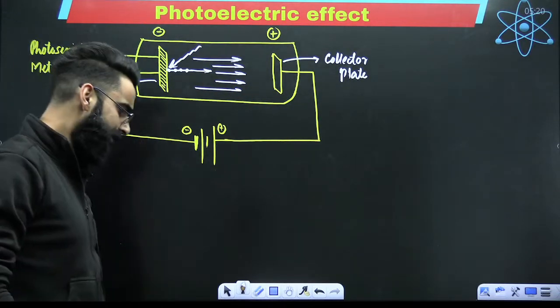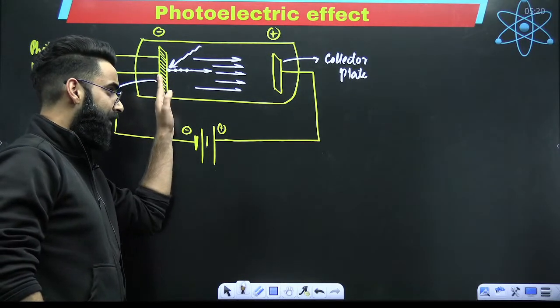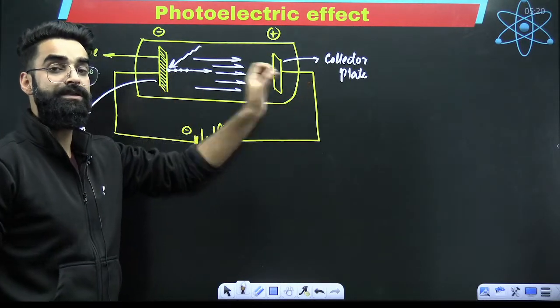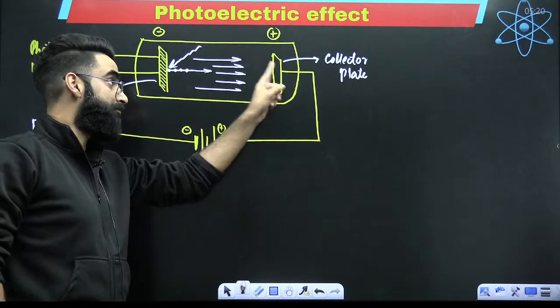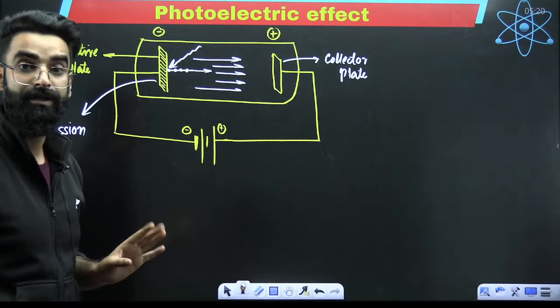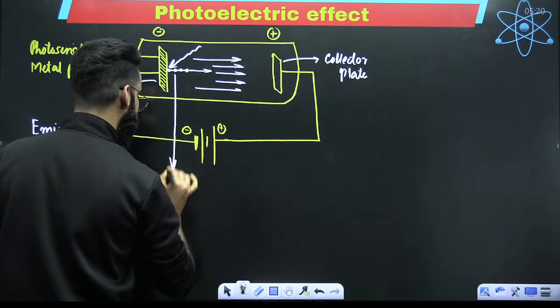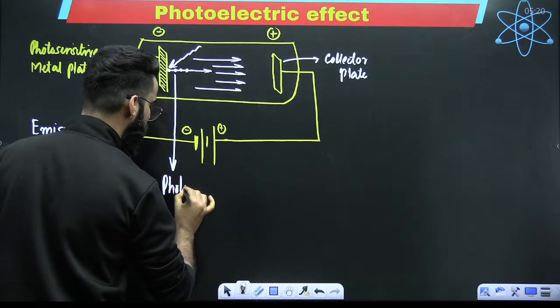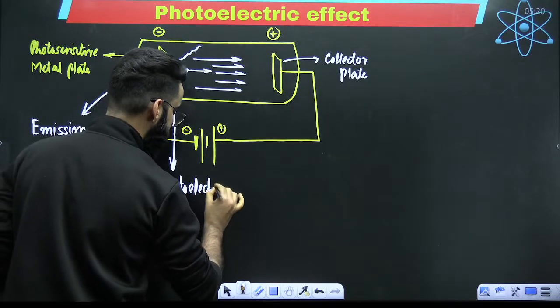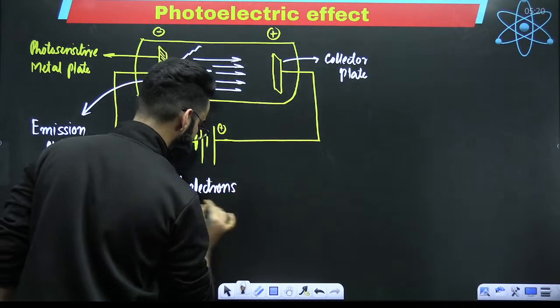Now the electrons are moving in a particular direction. The electrons which are coming out from the surface of the metal are what you call photoelectrons.